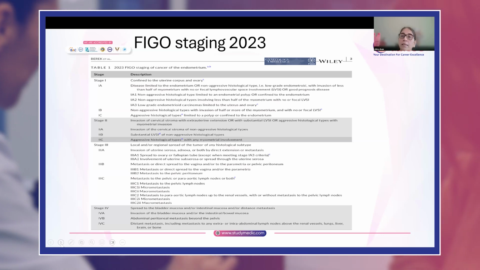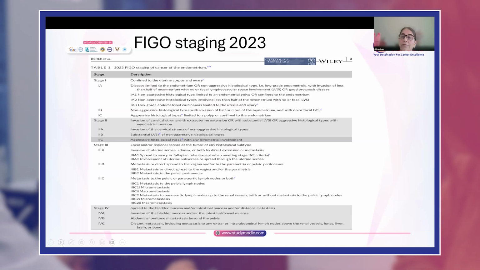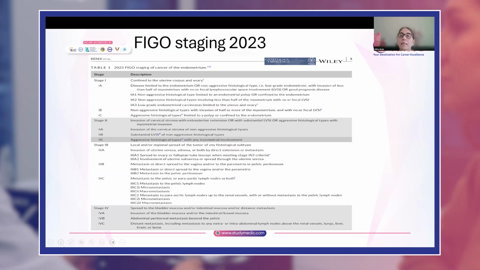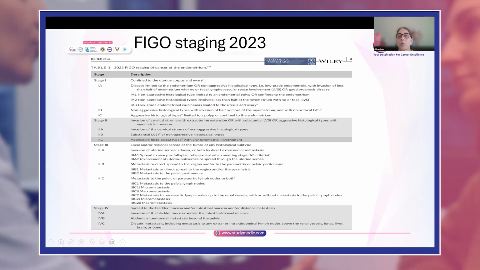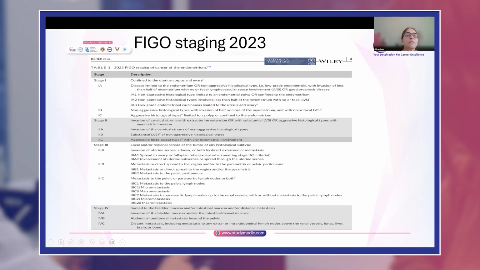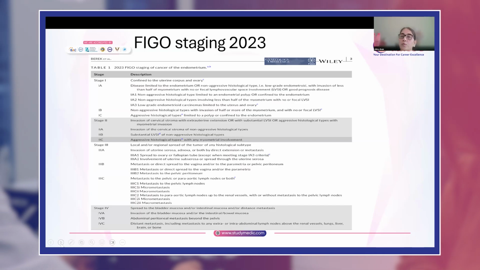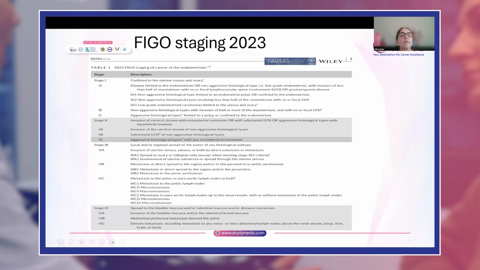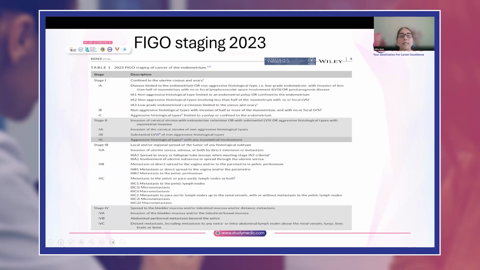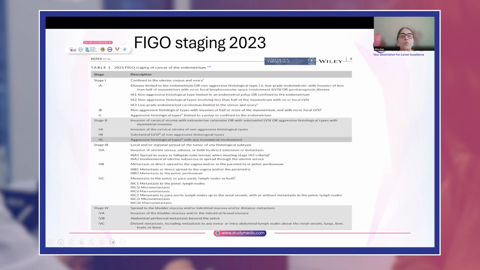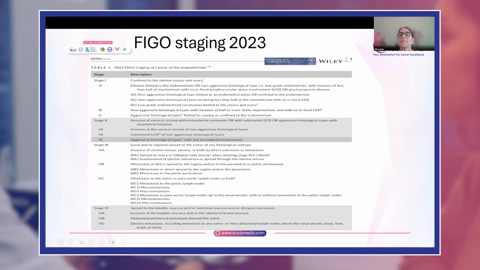Low histological types, if they are confined to the ovary, are classified as stage 1. Now in stage 1 also we know there is stage 1A, 1B and 1C. Whenever the histological type is aggressive, it is usually upgraded to 1C.